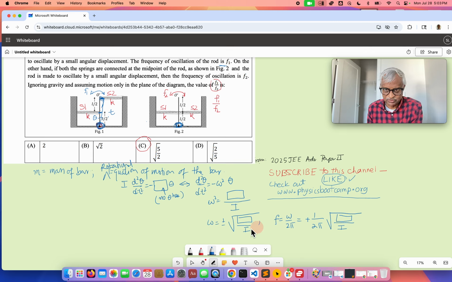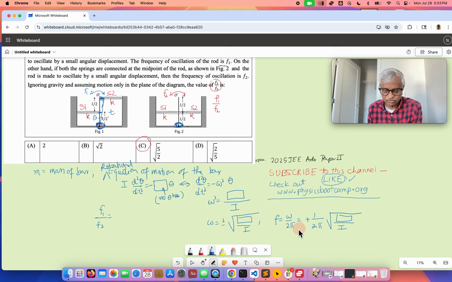So let's look at how this is going to go in our case. F1 over F2 will be, there will be 1 for case 1 and 2 for case 2.